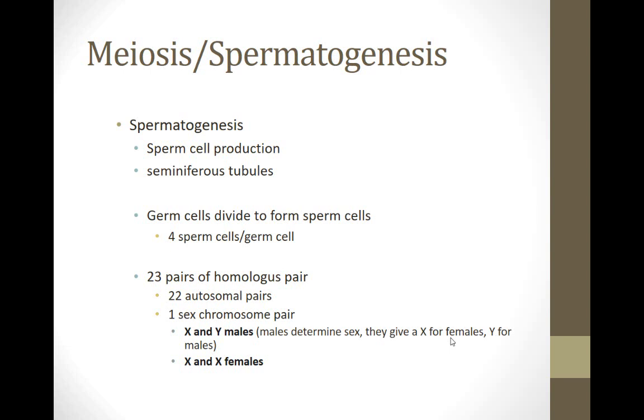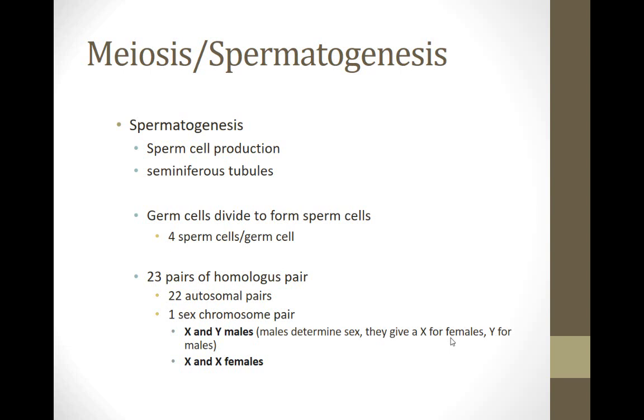So males can either have an X or a Y sex cell, whereas the female only has an X. So if a Y sex cell fertilizes a female, then you have an X and a Y, which is going to be a male. And if an X sex cell of a sperm fertilizes an X sex cell of a female, X and X, you're going to get a female.